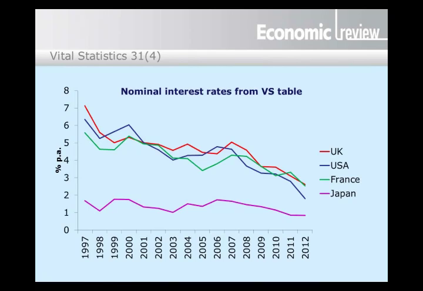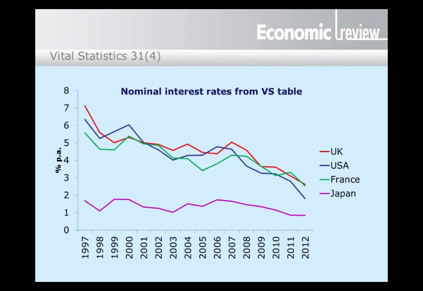Let's switch back to looking at just nominal interest rates, and again you see Japan stands out as being different, having steady but very low interest rates throughout the whole period. But the general trend, right from 1997 right through to 2012 in nominal interest rates, is also clear, and these three countries seem to have followed a very similar pattern over this time.